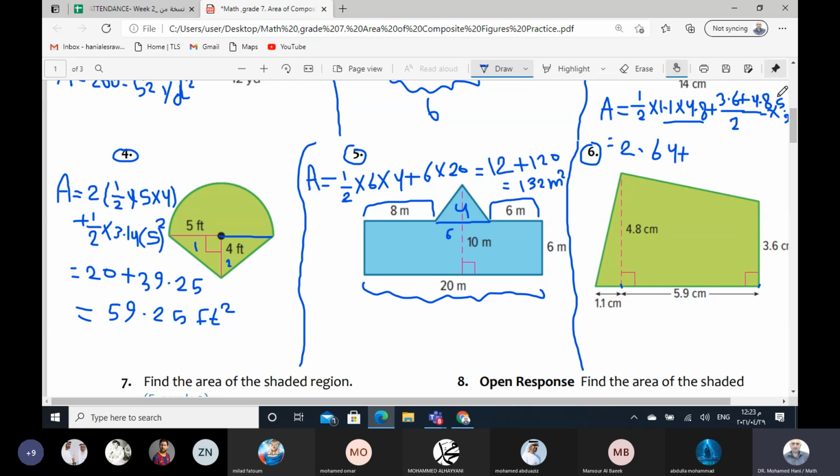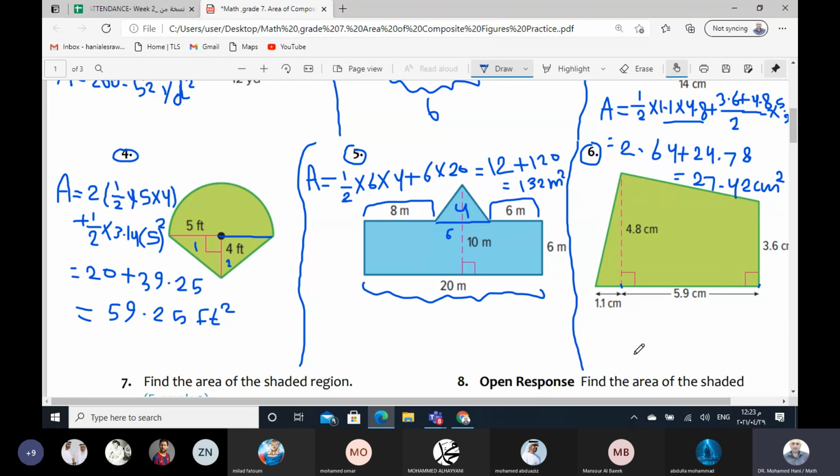Now 4.2 times 5.9. So the answer will be 24.78. Now we can add 2.64 plus 24.78 will be 27.42 centimeter squared.